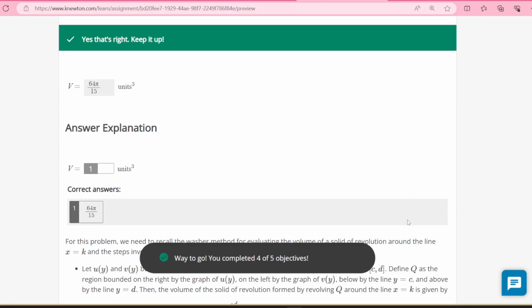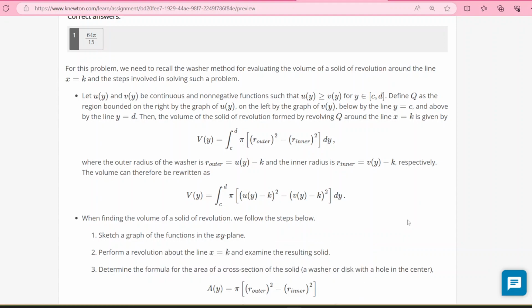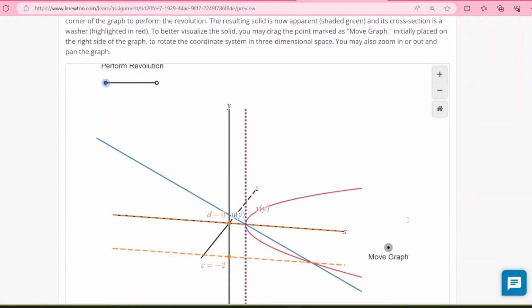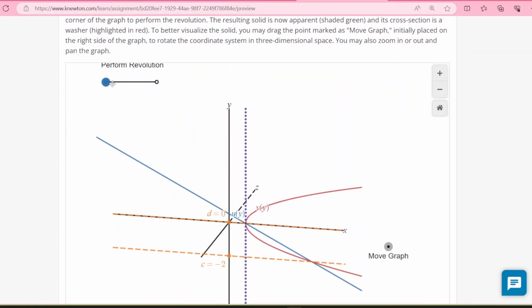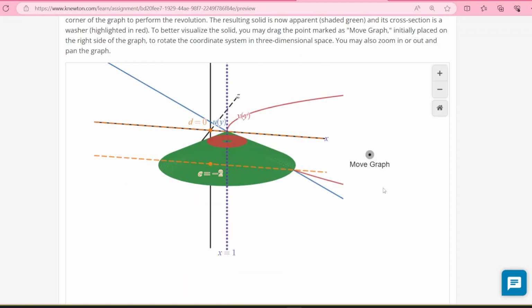Great. All right, so there's one more objective to finish up here. And it's all the same, though. It's still this washer stuff and rotating a region around some line. All right. Again, there's your region. You can create the 3D shape, rotate it around, see that region moving around the line x equals 1 to create this little cone looking thing.